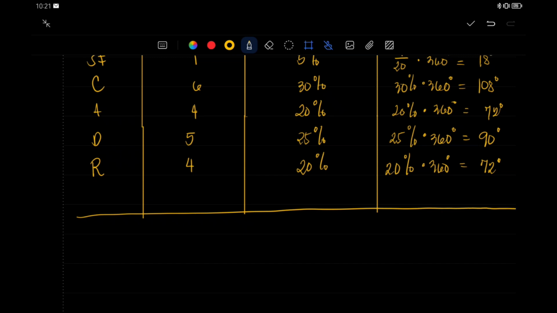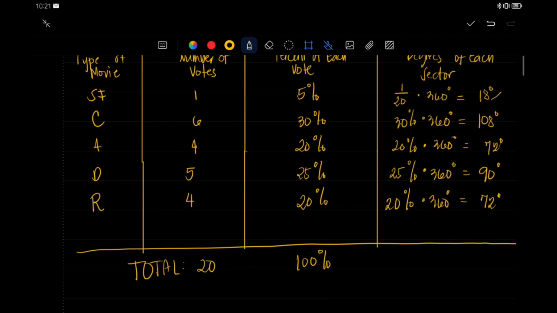Now, if we add all of this, the total is 20, 100%. And for the degrees, again, 18 plus 108 is 126.